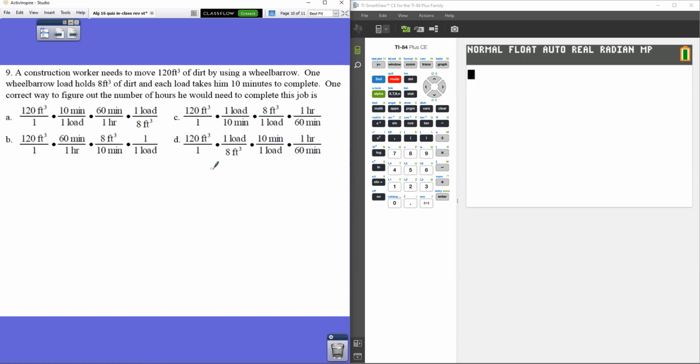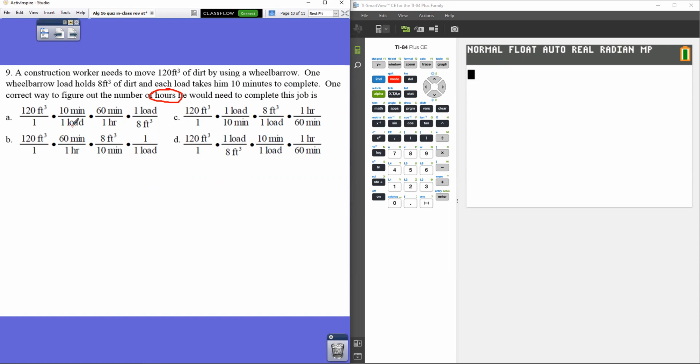You don't have to actually figure out the answer, although you could. But what we want to do is look for things that are clearly wrong. We want to figure out how many hours, so we want all the things to cancel out and have hours left over.